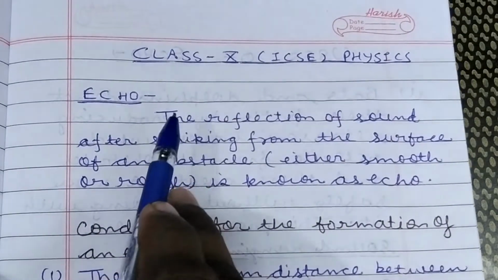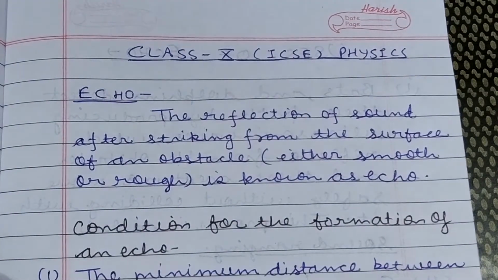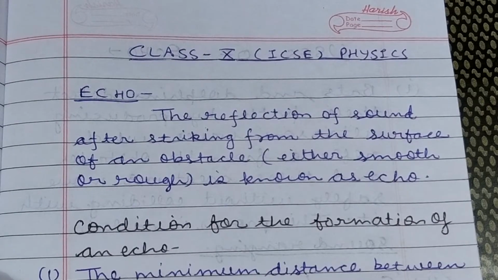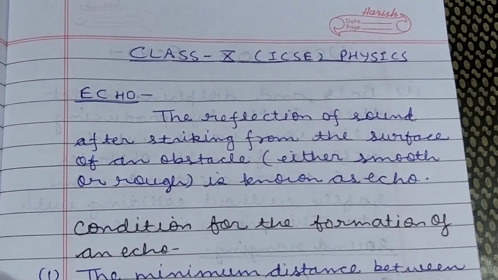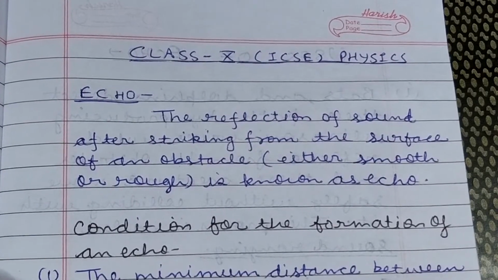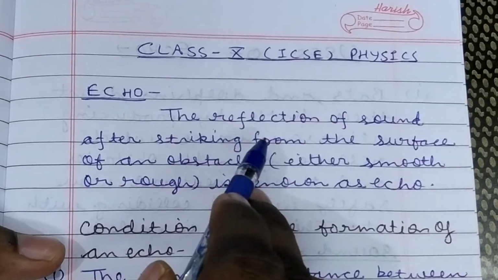Just like light, as light strikes a surface it reflects in different directions. If the surface is smooth, it goes in one direction, making the same angle as the angle of incidence. In the same way, sound also reflects.